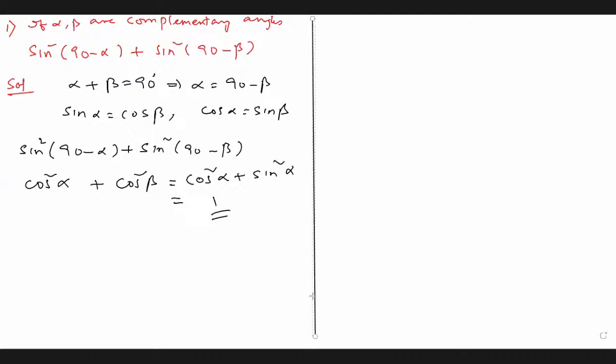The students who have copied can write this problem: the value of root of 1 minus sine square 100 degrees into secant 100 degrees.